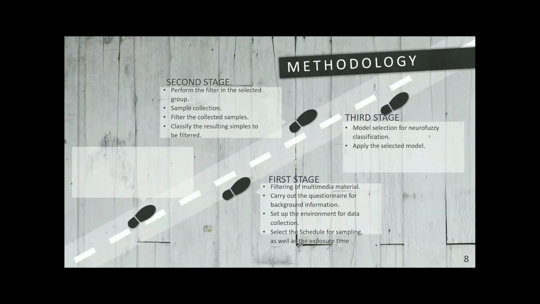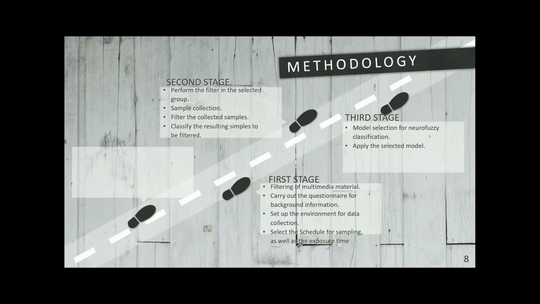After that, we did a questionnaire for background information, because this kind of data can help us choose the material, the clips that we present to the people. After that, we set up an environment for data collection. Then we selected the schedule for this sample, because we did this in a school environment, so we had to get a schedule.